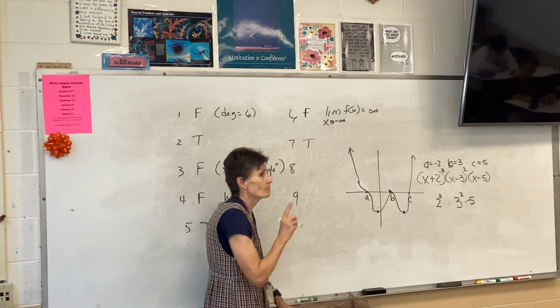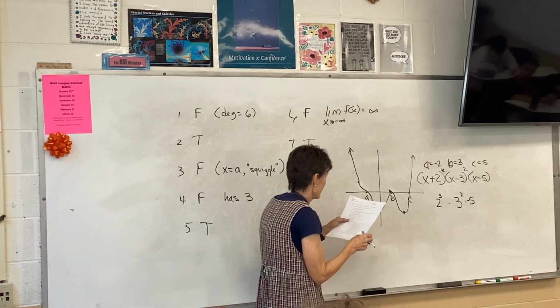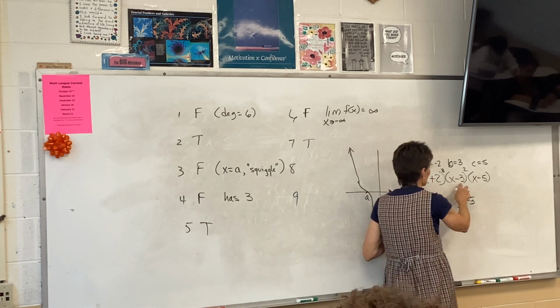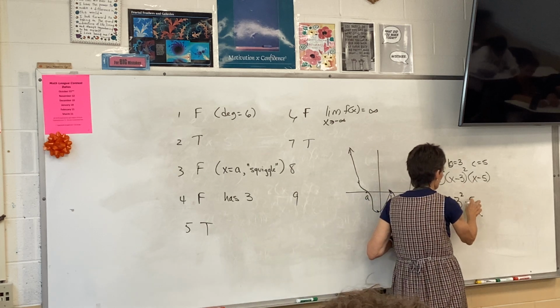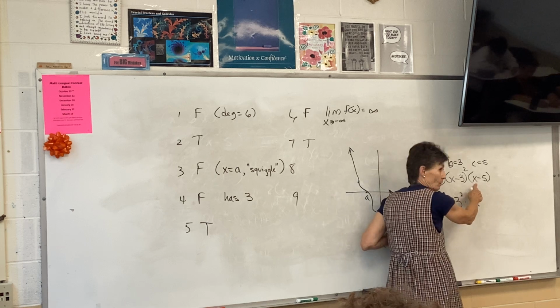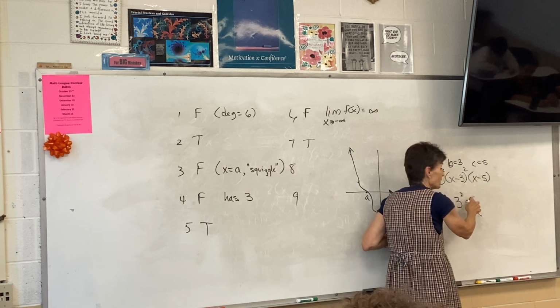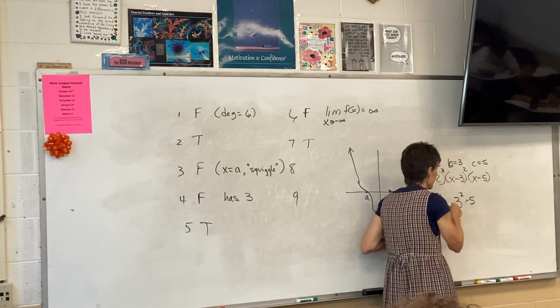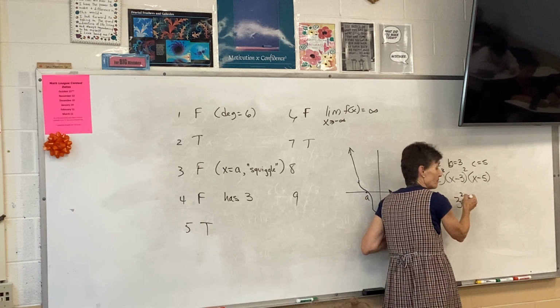Why does negative 5 have to be negative and the 3 doesn't have to? Because we're squaring, oh yeah, that doesn't have to be negative. So if you put a 0 in here, that would be negative 5. If you put a 0 in here, that would always be positive 3 squared. Yeah, that term is always gonna be positive.